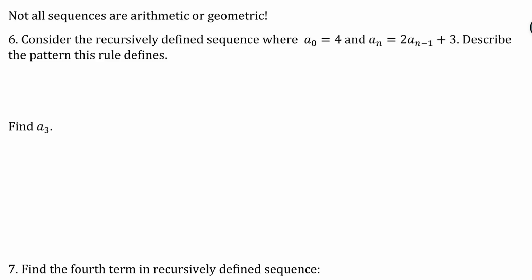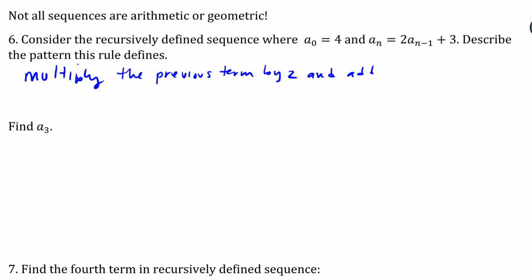What this rule is telling us is we're going to find any term by multiplying the previous term by 2 and adding 3 to get the next term. I see that because this shows us this is the previous term. So we're multiplying the previous term times 2 and then adding 3.